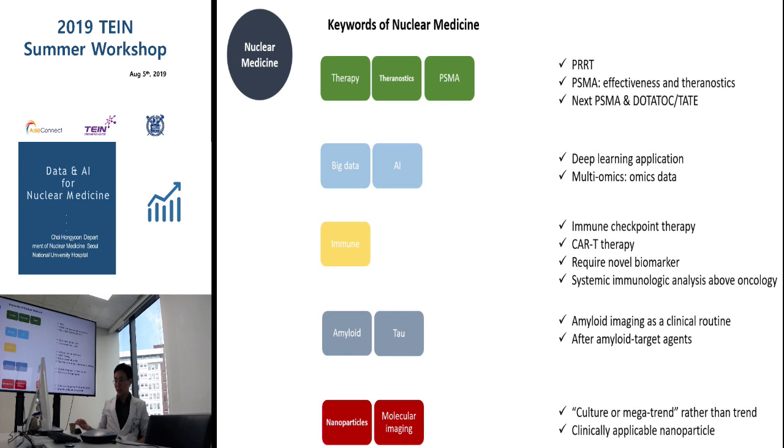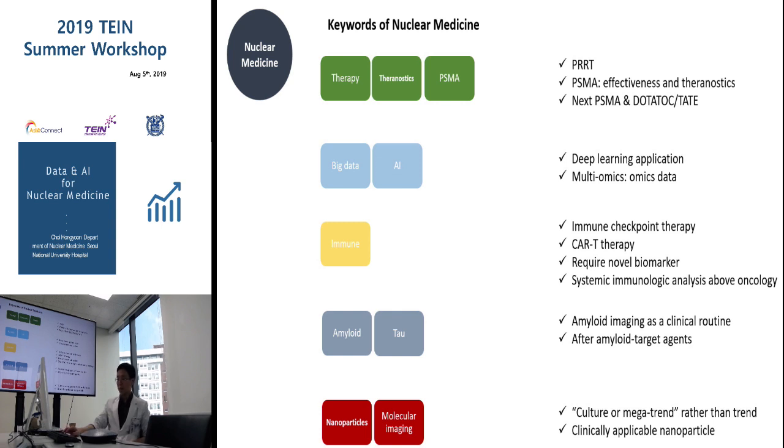And other important words are amyloid and tau. This is related to neurodegenerative disorders. Amyloid imaging has become a clinical routine practice in Korea and other countries. So amyloid PET is one of the most common words in nuclear medicine.